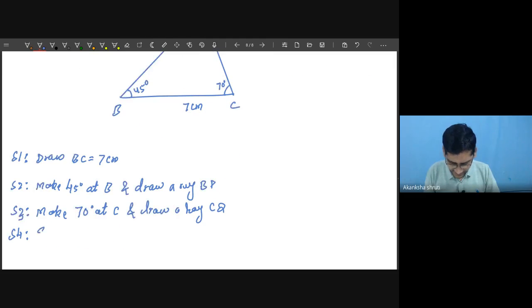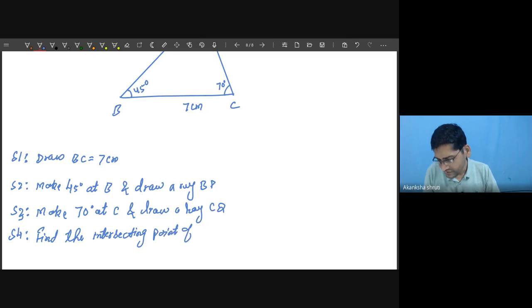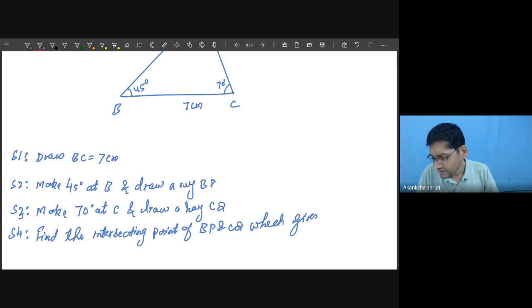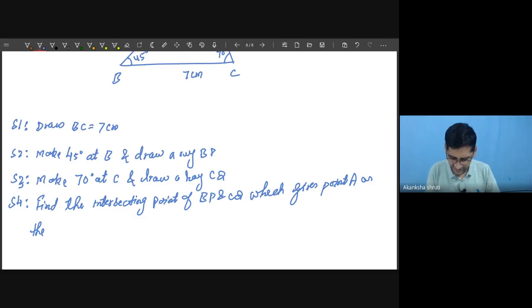Find the intersecting point, or cutting point, of BP and CQ, which gives point A as the third vertex of triangle ABC.